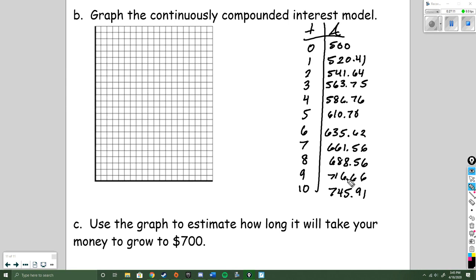Now we're going to graph this, but before we do so, we got to set our scale. Now I'm going to change this a little bit. The time is going to remain the same. On the x-axis, where we have t, every 2, I'm just going to write down 1. That way we can space this out a little bit so my ugly handwriting doesn't get all bunched up together.